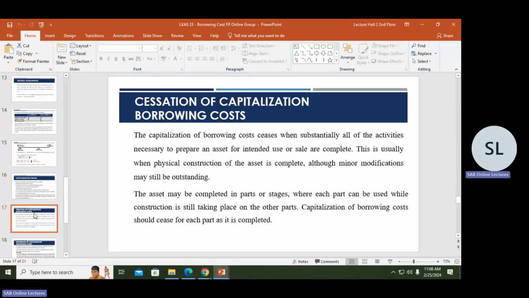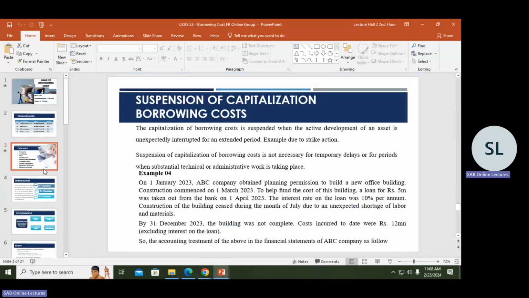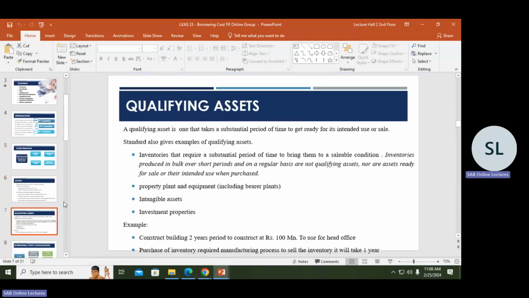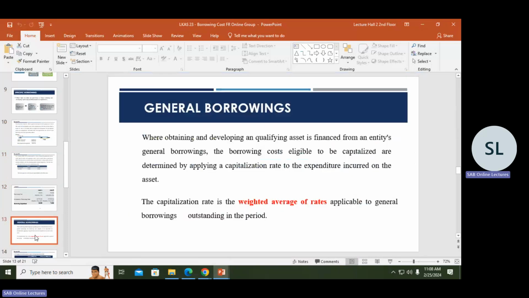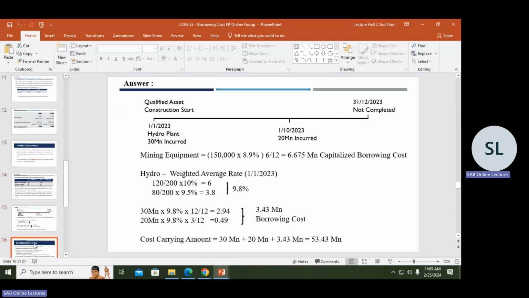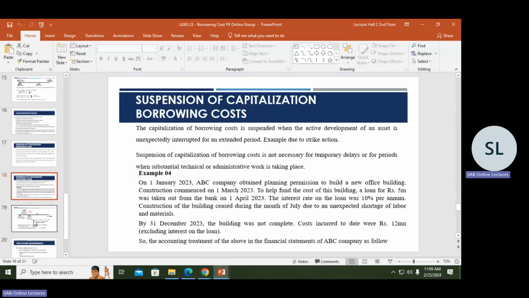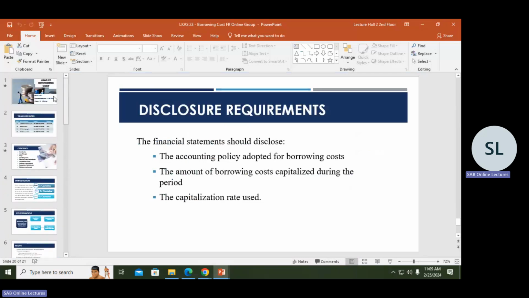You covered these areas, general borrowings and the specific borrowings and general borrowings, and covered this capitalization period part, so from the report point of view you can cover the same content, but presentation wise, right?